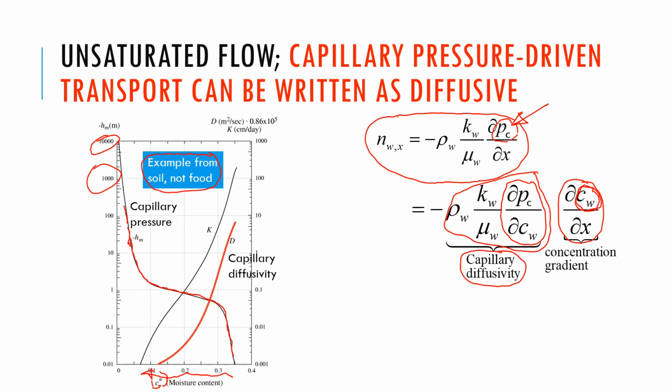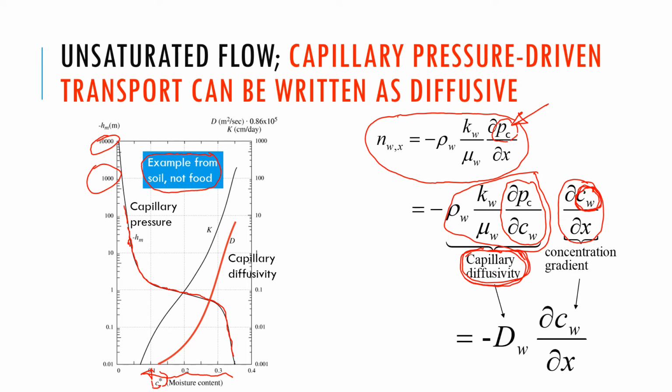Remember how we did Fick's law. Fick's law is something multiplied by the concentration gradient. So here for capillarity also we have something multiplied by the concentration gradient. That something must be interpreted as capillary diffusivity.